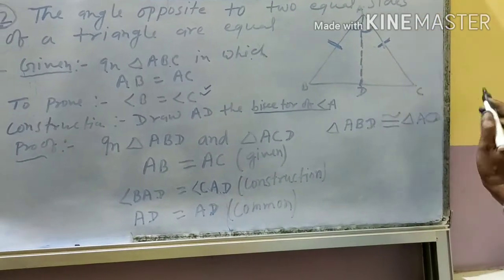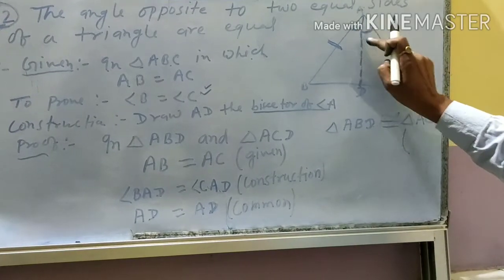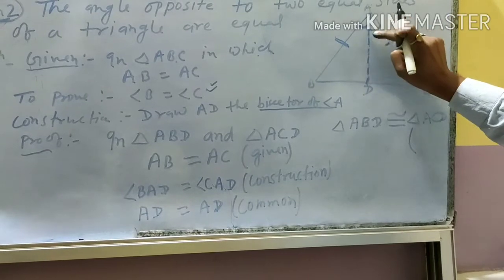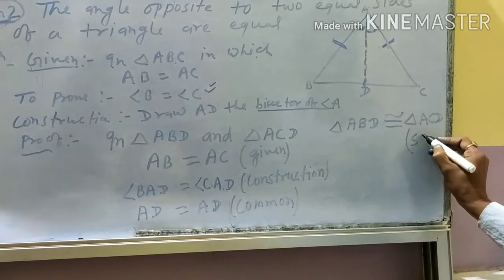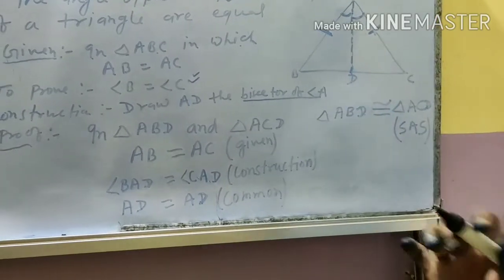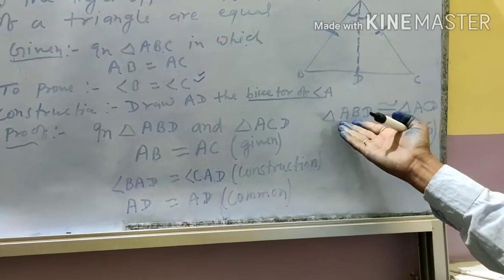Yes, we can write ACD. Reason is side, angle, side. Here is also side, angle, side. So by side, angle, side, these two triangles are congruent. This is the application of side, angle, side. Okay, student.